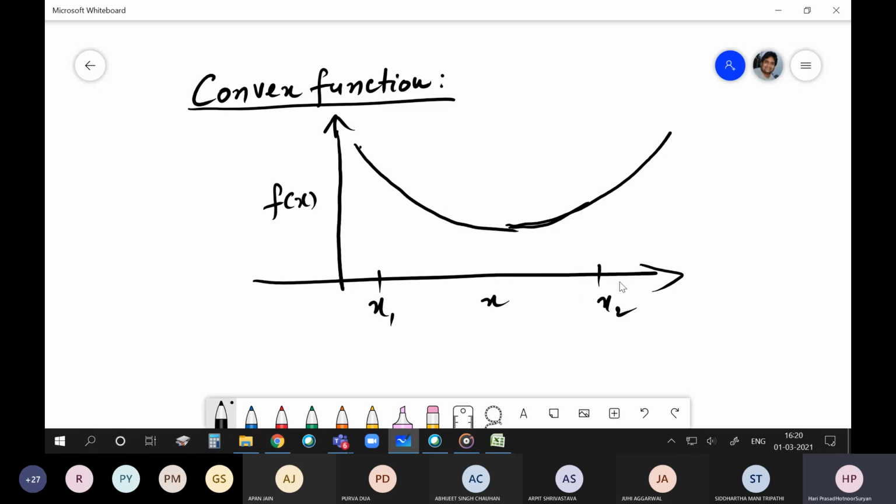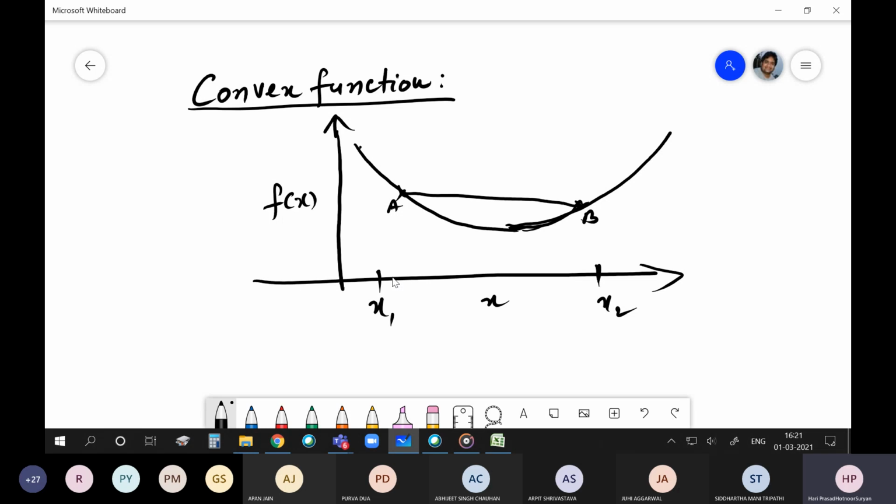In this range between x1 and x2, a function is said to be convex if you take any two arbitrary points in this range, let us say A and B, and join these 2 points by a line, and the line joining these 2 points is above the function, and this condition is satisfied for any arbitrary points taken in this range, then the function is said to be convex.